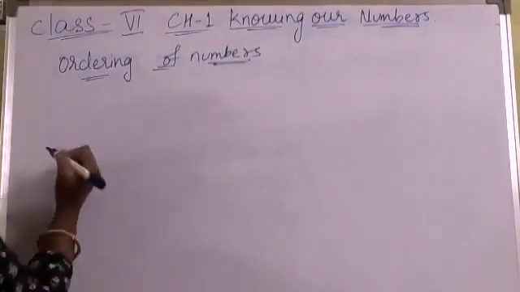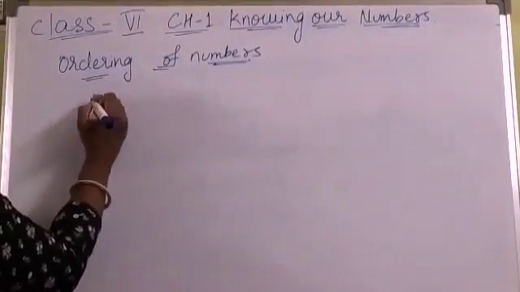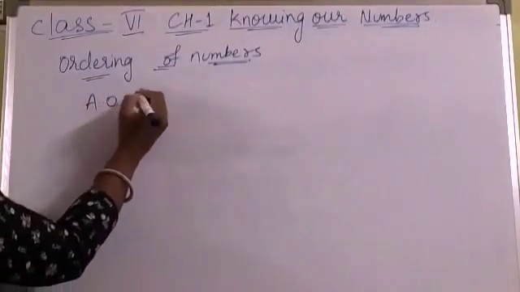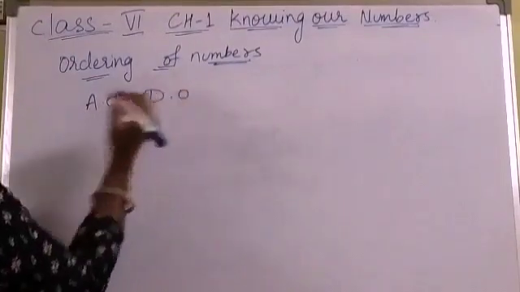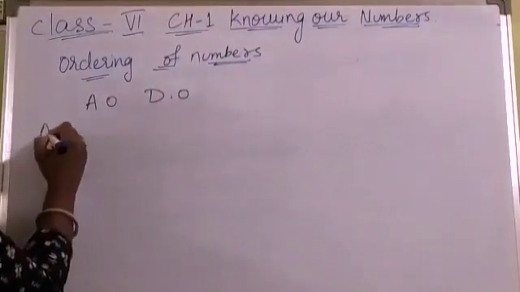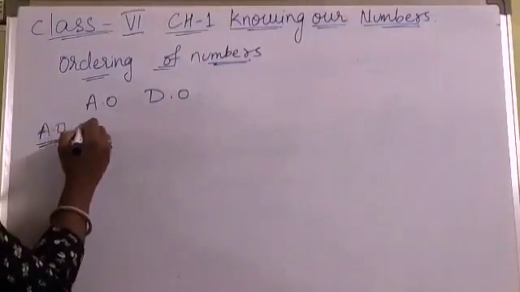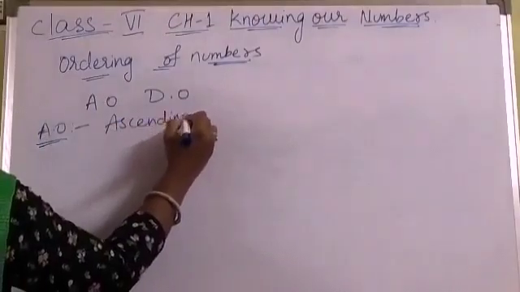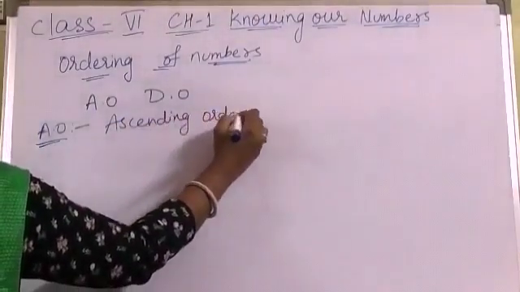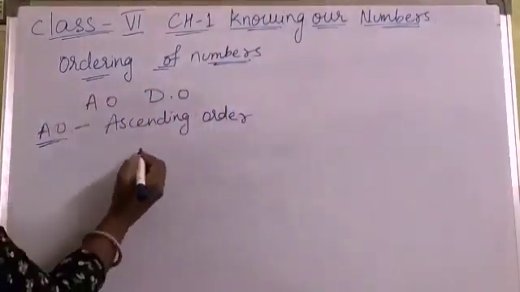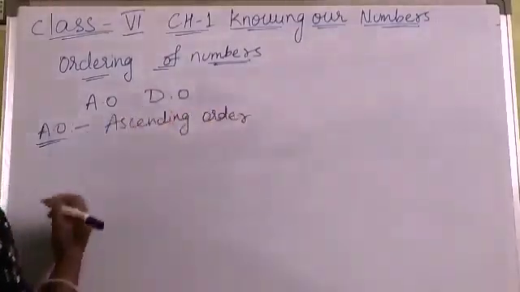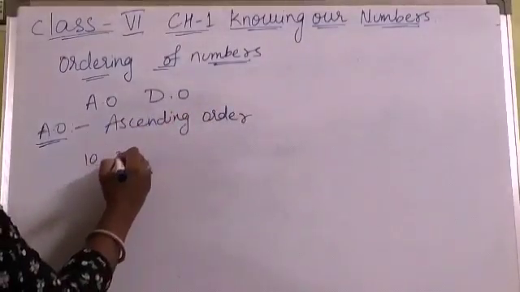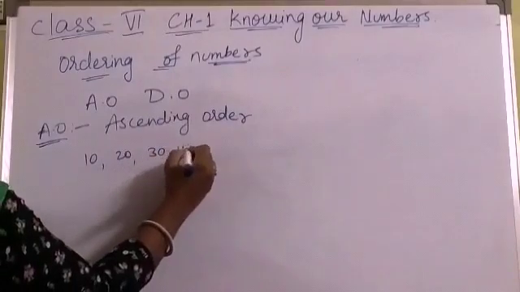Now next, ordering of numbers. Arranging numbers in ascending order and descending order is called ordering of numbers. You know what ascending order is? Ascending order means arrangement of numbers from smaller to greater. For example, 10, 20, 30, 40.